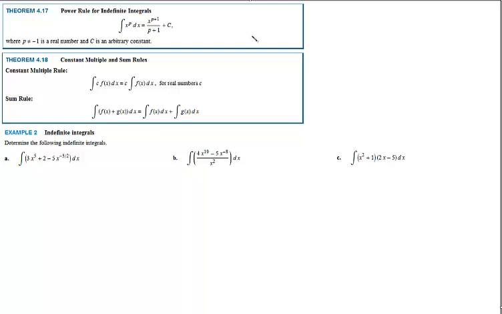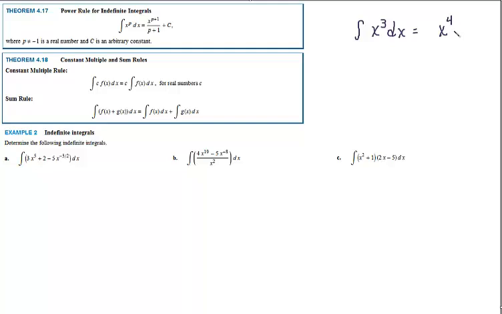All right, we have Theorem 4.17. This is the power rule for indefinite integrals, meaning that if I want to take the integral, and this is the notation we'll use from now on, it is the antiderivative. What it's saying is if you're taking the integral of just a plain old, let's say, x cubed dx, then I know that this had to have been an x to the 4th.